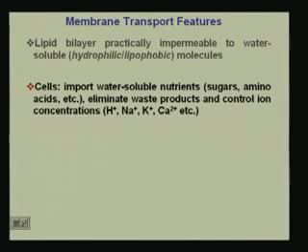Second, what cells actually do is they import water soluble nutrients like sugars and amino acids, they eliminate waste products and control ion concentrations. Now, this is extremely important in maintaining what is called a sodium potassium balance in our cells. So, this is what the cells actually have to do, and the importing of the water soluble nutrients or the elimination of the waste products has to be done through these channels.